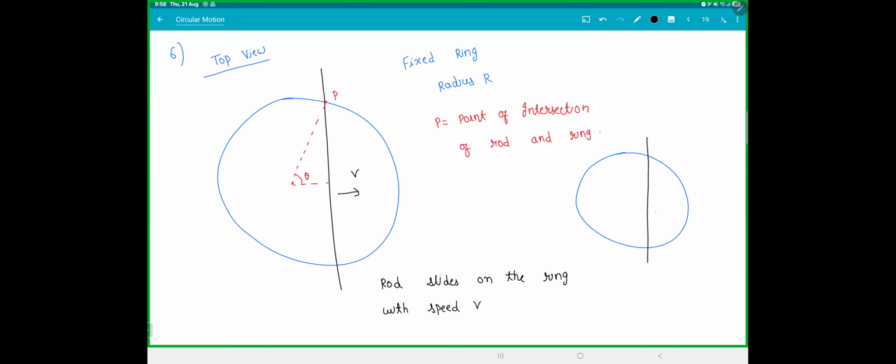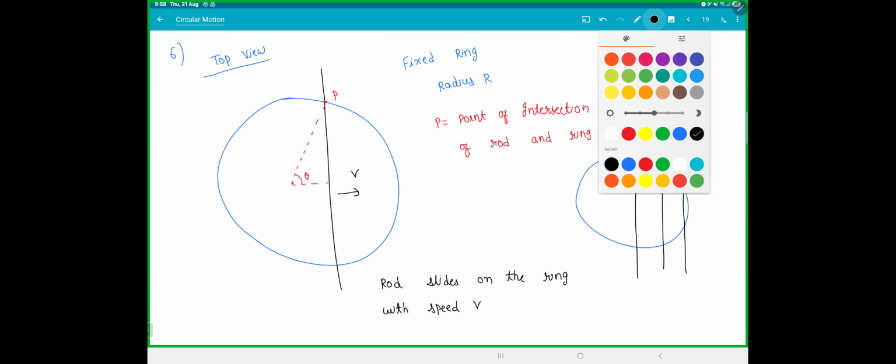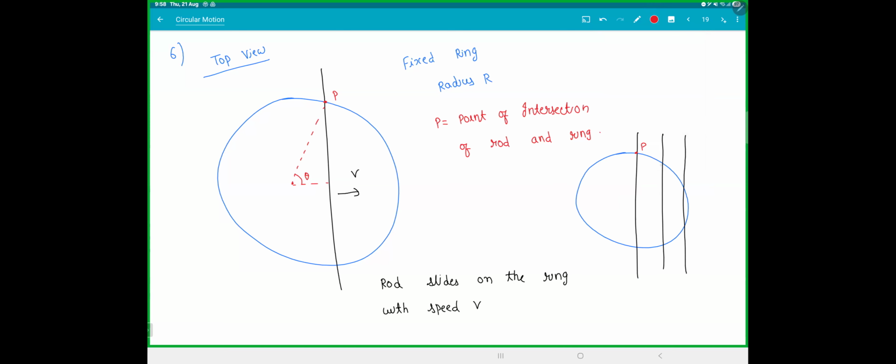Initially, the rod is here, then here, then here. Then point P will be here, then here, then here. So for anyone looking at point P, how does the motion look? This is the vector, this is the vector. Isn't point P rotating? It feels as if point P is moving on a circle.